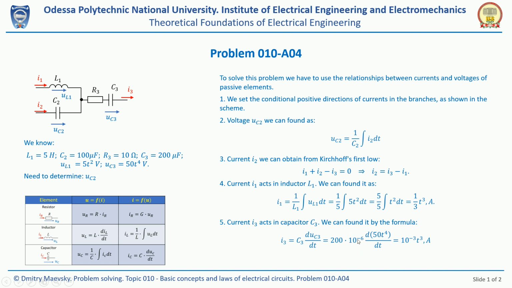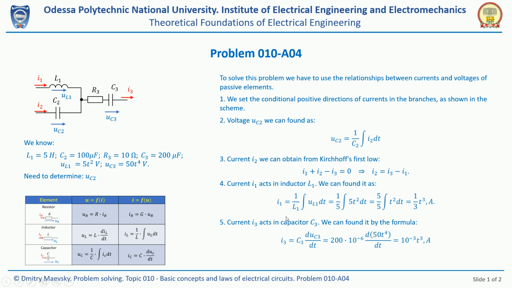Microfarads is 10 to the minus 6 power multiplied by derivative d 50 t power 4 with respect to dt. This is 10 to the minus 3 power times t power 3.